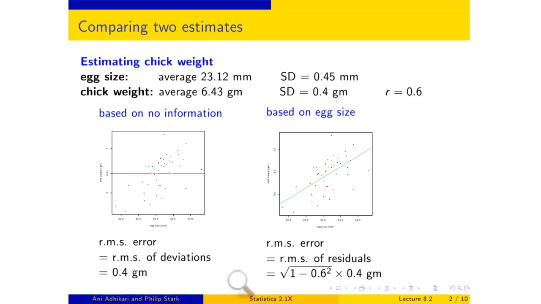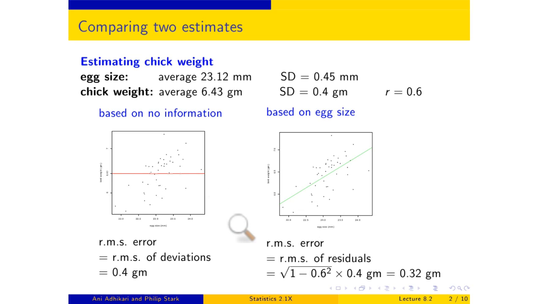Which one is smaller? It's the second one that is smaller. You see, 0.6 is a fraction, root 1 minus 0.6 squared is actually 0.8. And so if you compute the root mean square of the residuals, you get 0.32 of a gram. The error that you make overall in using the green slanting line is smaller than the error that you would have made using the flat red line.